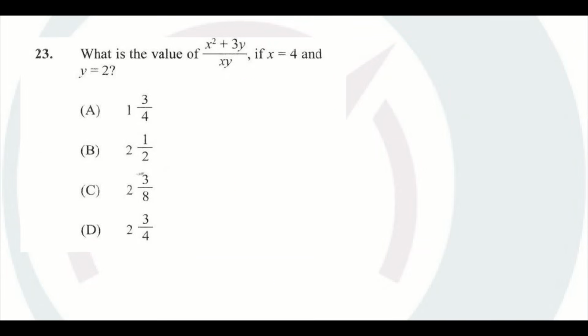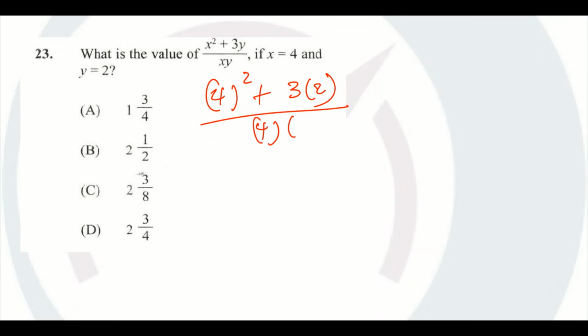Question 23. What is the value of x squared plus 3y over xy if x is equal to 4 and y is equal to 3? So let's substitute our values. X is 4, y is 2. Alright, so we have 4 squared plus 3 times 2 over 4 times 2.